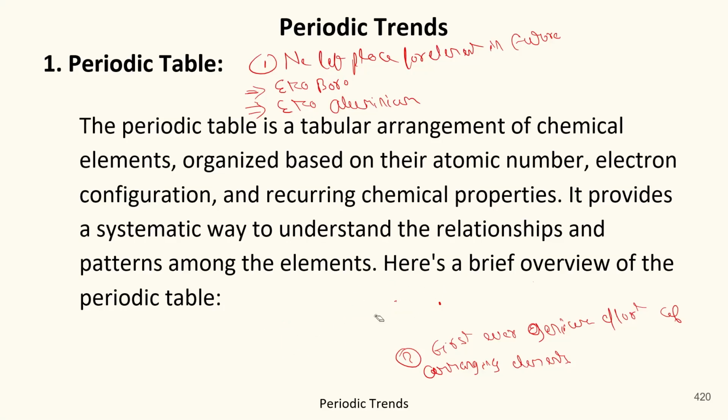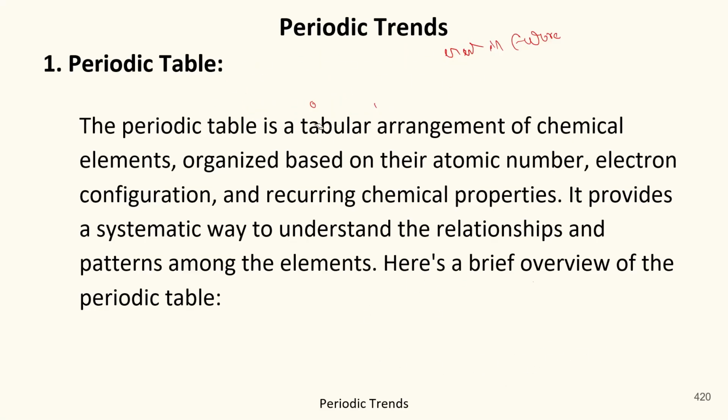Got it? After Mendeleev, the next one was Henry Moseley, who gave the modern periodic table. He changed just one thing.